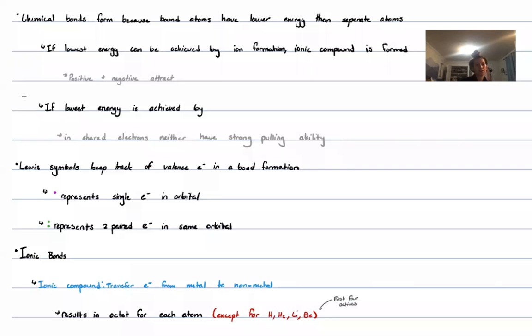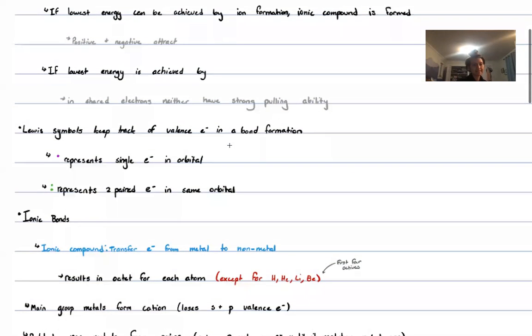But if the lowest energy is achieved by, I don't know why I didn't finish this sentence, but I'm pretty sure it was covalent bonds, then it's just going to be shared amongst them. And that normally means that they both still want the electron, but they also want one of the others that you get from sharing, if that makes sense.